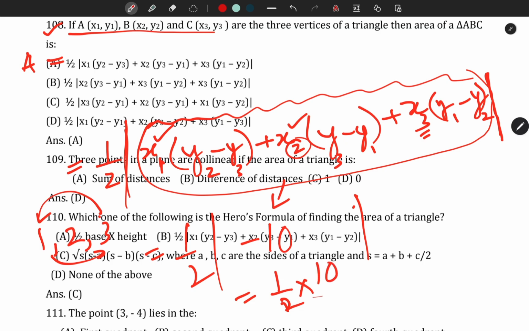So we are taking only the value, not the sign. If it was already positive, it will remain positive. If it is negative, it will become positive. So that's a simple way to remember. Anyway, so here the area of the triangle is given by this formula.